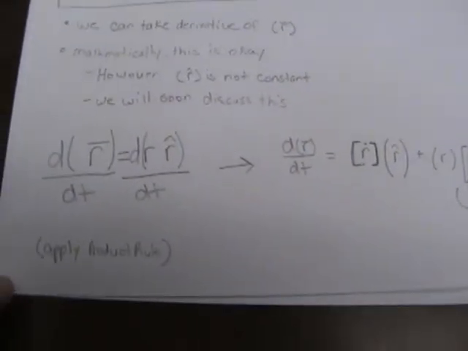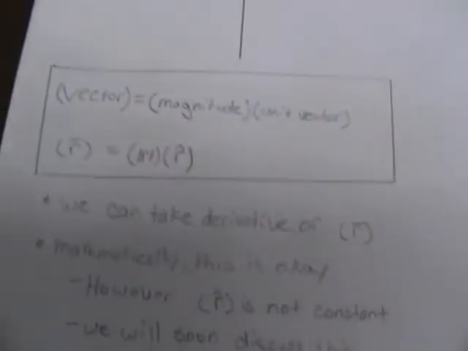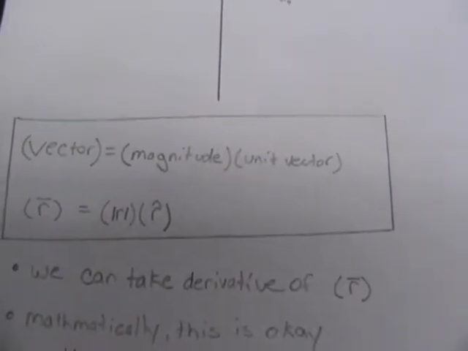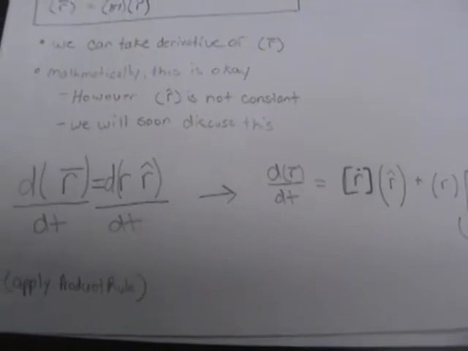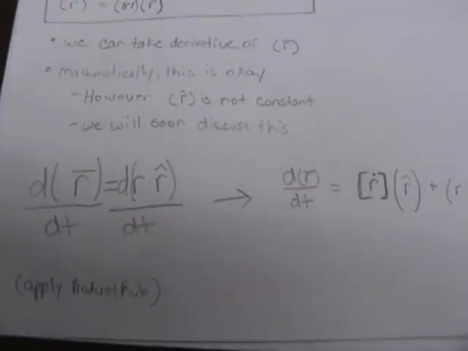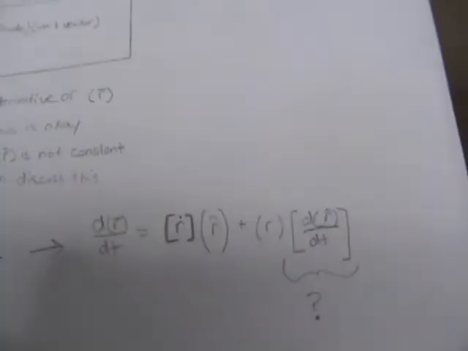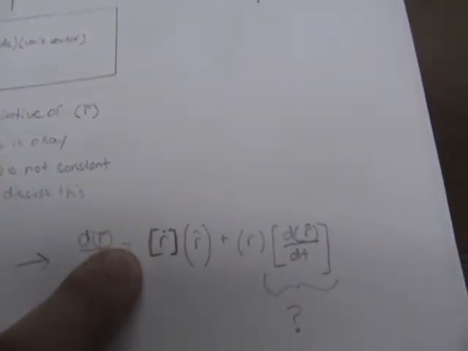Okay, so we're going to write it out like we have here. That's the r vector, the magnitude times r hat. And we're simply going to take the product rule of this. I use brackets when I write the derivative, and parentheses for the one that I'm keeping the same.